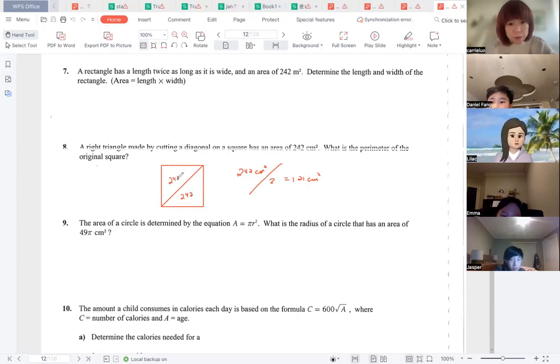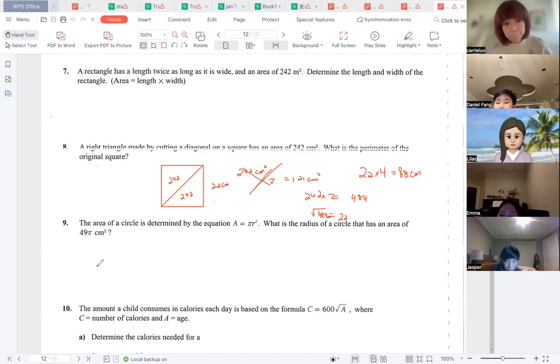So the other half is also 242. It should be 242 times 2 equals 484, correct? Okay, so Daniel, could you please tell me, 484 is the area of the square. So what is the side of the square? It's the square root of 484, right? Equals what? 22. Very good. 22 centimeters. So what is the perimeter? 22 times 4 equals 88 centimeters.